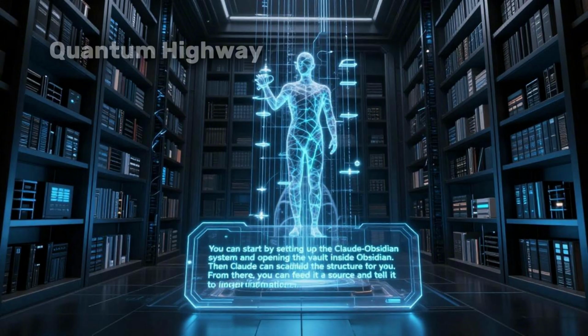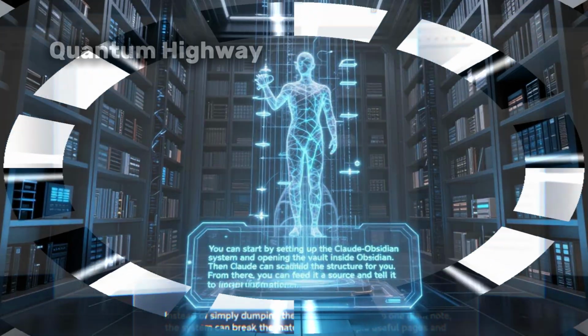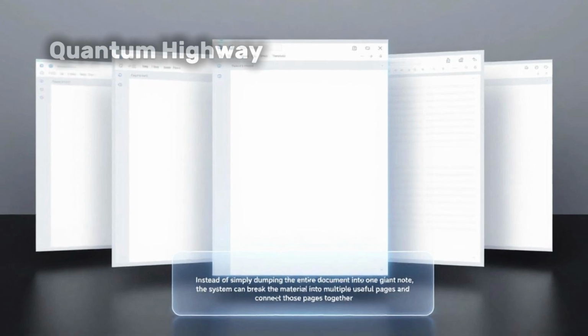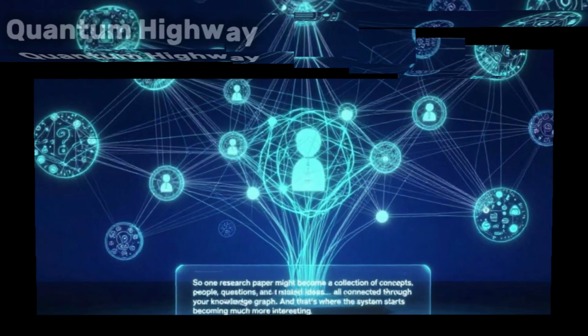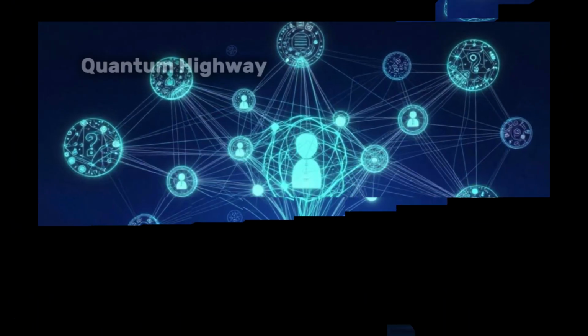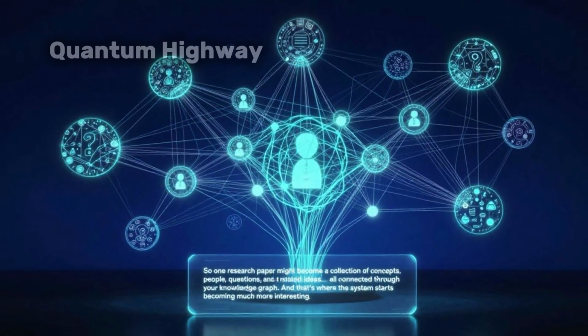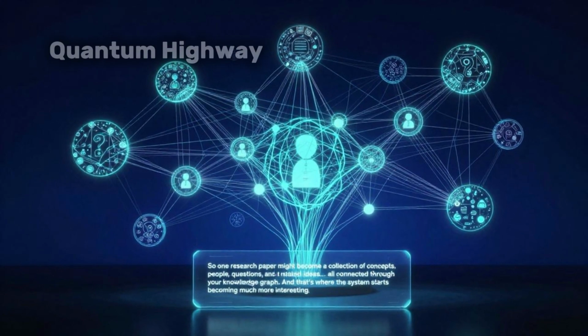From there, you can feed it a source and tell it to ingest the information. Instead of simply dumping the entire document into one giant note, the system can break the material into multiple useful pages and connect those pages together. So one research paper might become a collection of concepts, people, questions, and related ideas, all connected through your knowledge graph. And that's where the system starts becoming much more interesting.